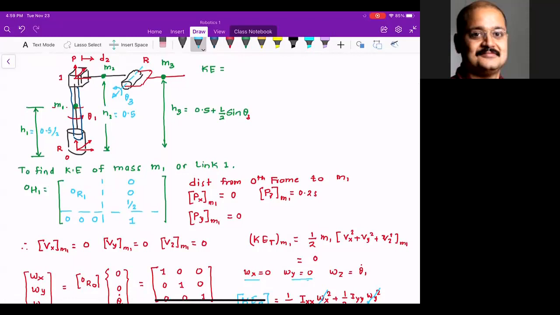You can have a cylindrical shape, you can have a rectangular shape.